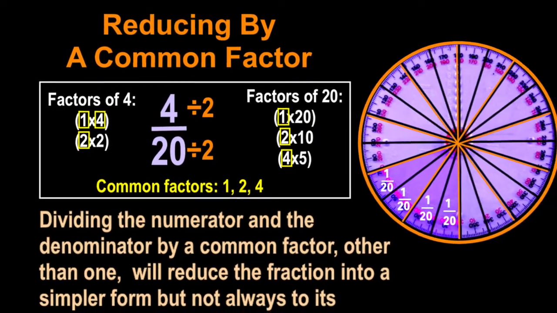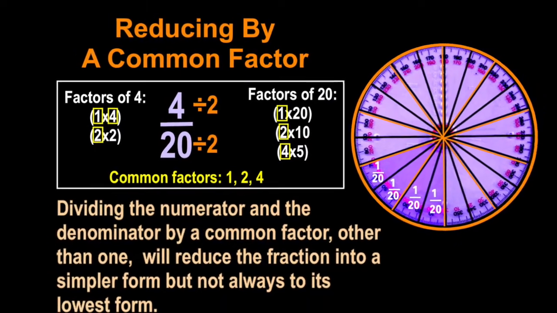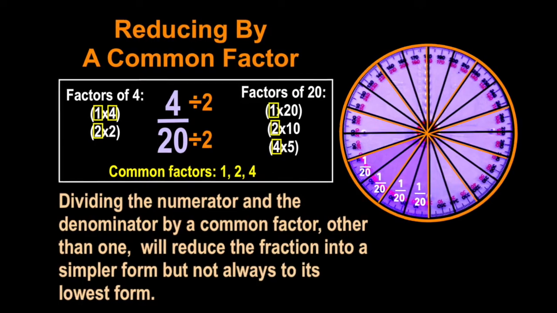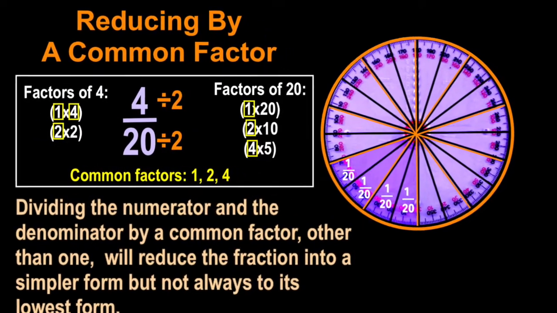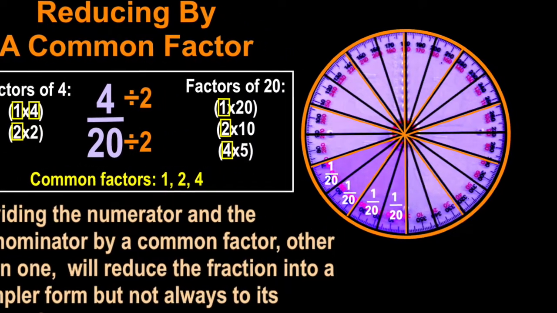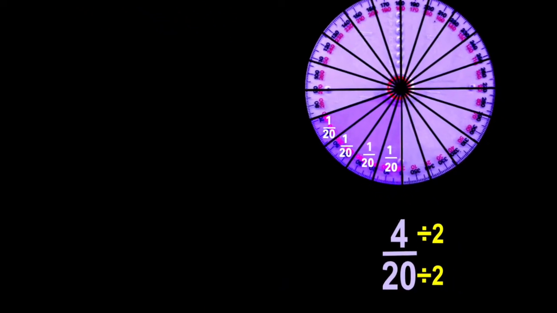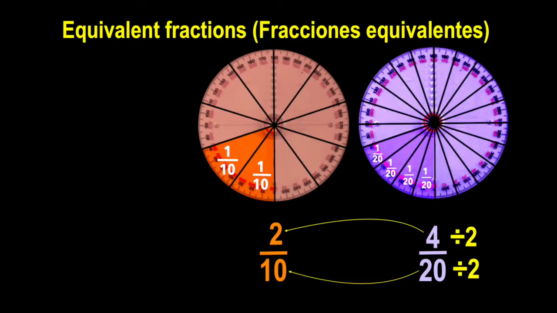Reducing fractions. Dividing the numerator and the denominator by a common factor other than 1 will reduce the fraction into a simpler form, but not always to its lowest form. Dividing 4/20 by 2/2 is equivalent to 2/10.